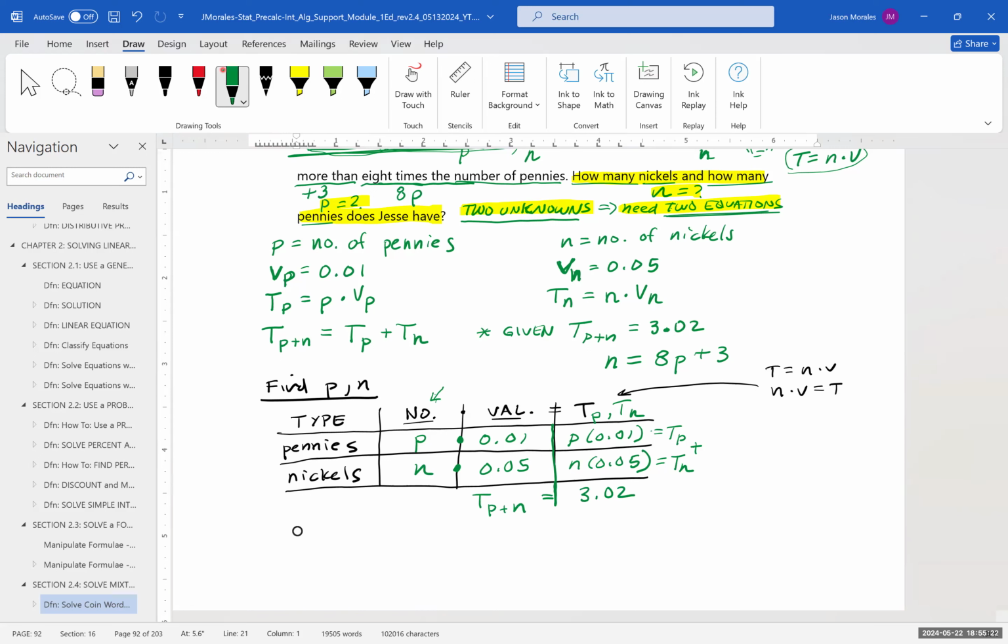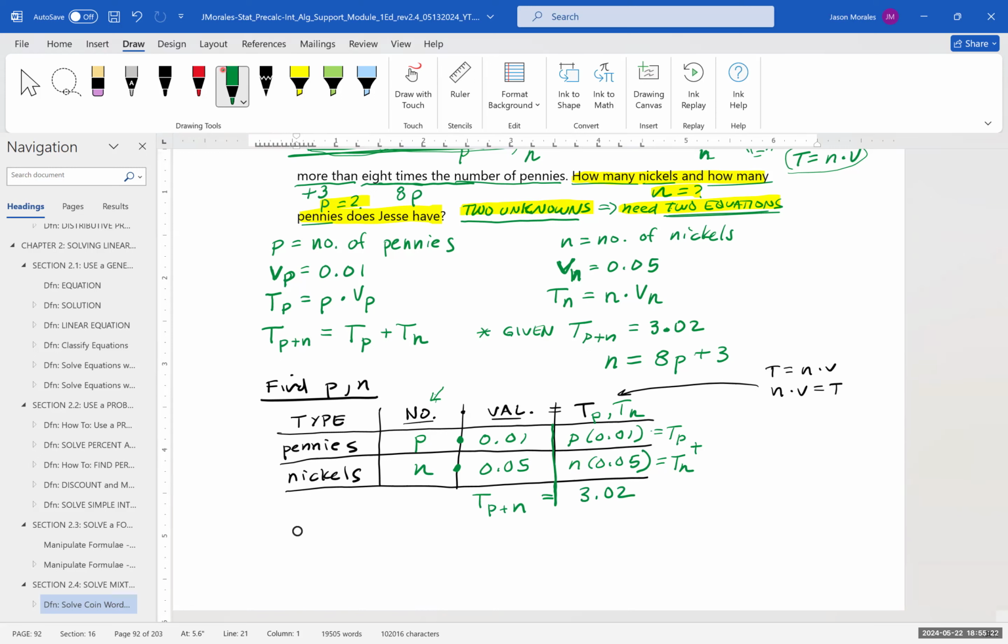Okay, so we've set up this table, but how does this help us? You're probably asking yourself at this point. Okay, so we know that the total of pennies plus nickels is equal to the total of pennies plus total of nickels. And let's do some substitution.